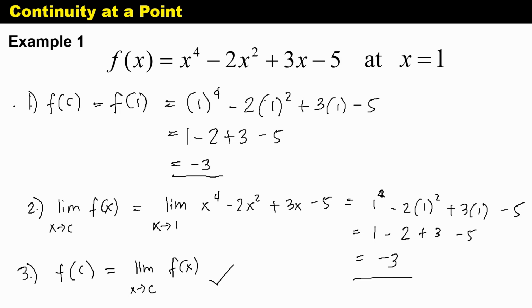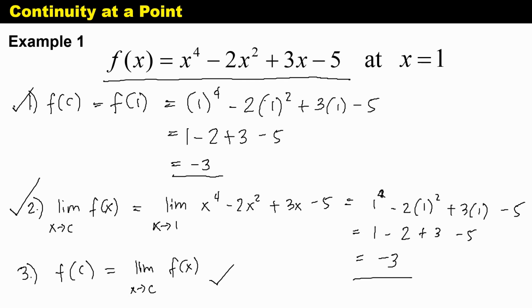Now, it satisfies that f of c exists, the limit of f of x as x approaches c exists, and since their values are equal, then it satisfies also the third condition. Now, it satisfied the three given conditions. Therefore, this function f of x equals x to the fourth minus 2x squared plus 3x minus 5 is continuous at x equals 1.